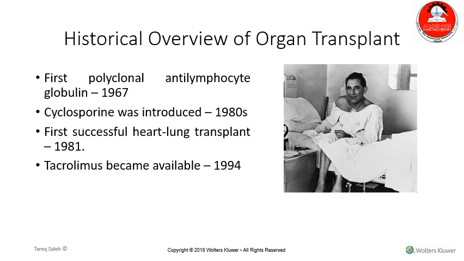Cyclosporin became one of the fundamental immunosuppressant drugs used for organ transplantation. We then were able to perform the first successful cardiopulmonary transplant in 1981. After that point, more and more drugs have been developed for that purpose.